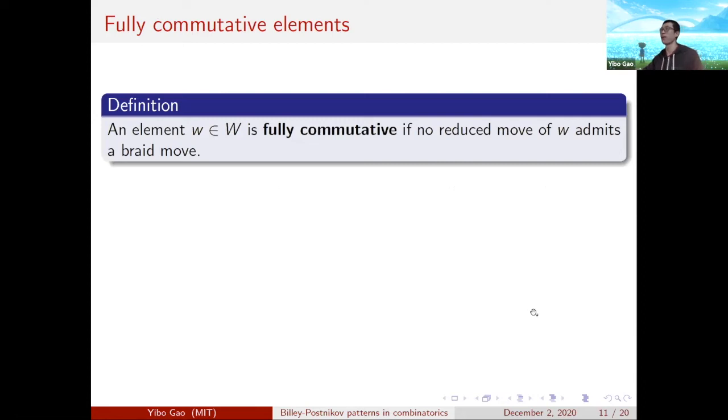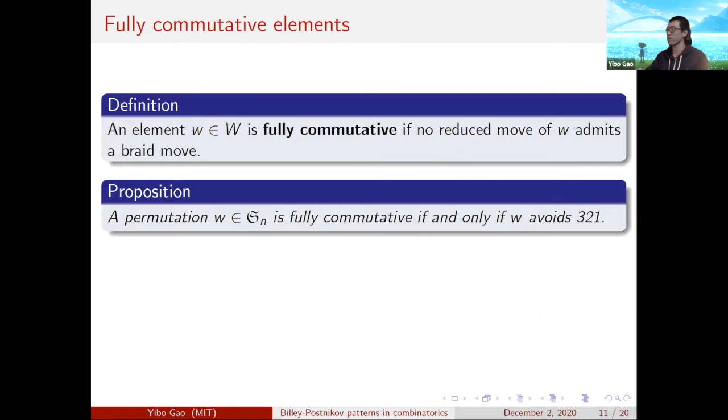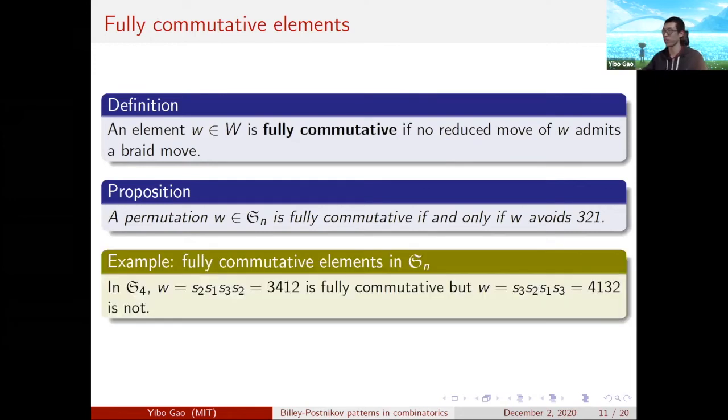For example, a Weyl group element is fully commutative if no reduced word of W admits a braid move. And it's not hard to see that a permutation W is fully commutative if and only if it avoids 3 2 1. Here is an example.